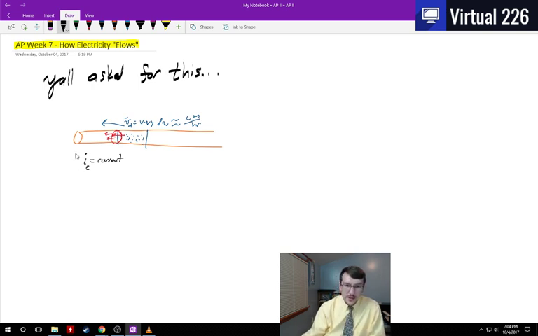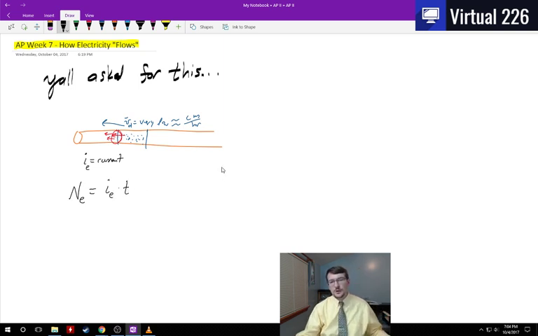The number of electrons passing through that area then is the current multiplied by the time, because remember, for an electron current, the easiest way to think of it is simply the number of electrons per second that we have. So if we have number of electrons per second times seconds, the time, we get the number of electrons. Okay?